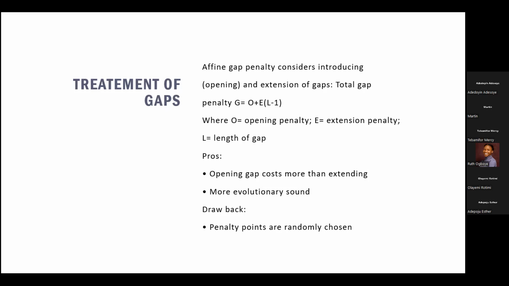The score you give to every gap is called a penalty point. You just randomly assign it. You can choose it on your own. There is no threshold for it. And that might not be as accurate as the other ones that we looked at.